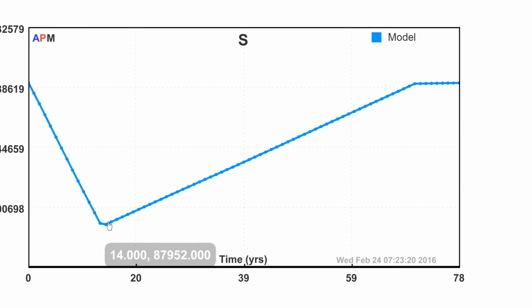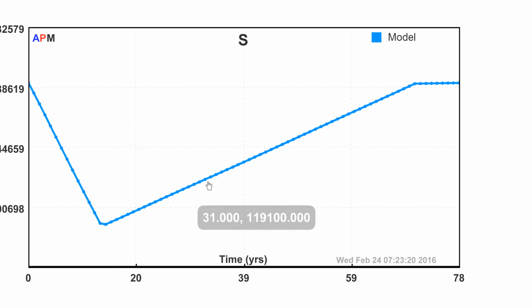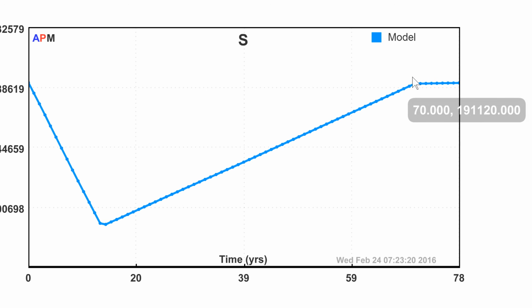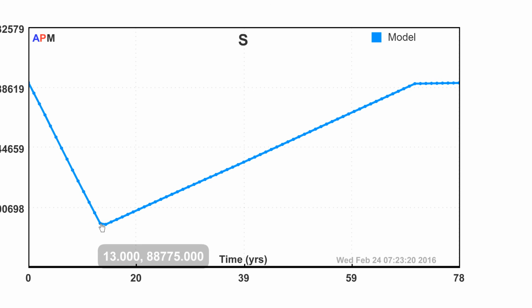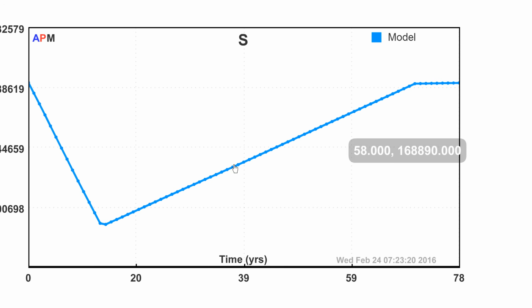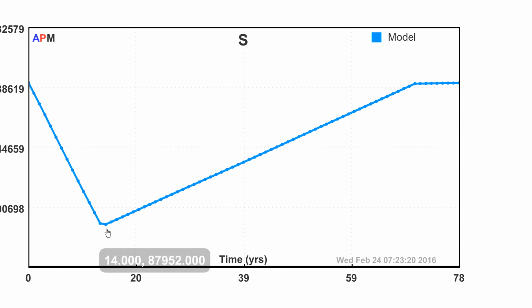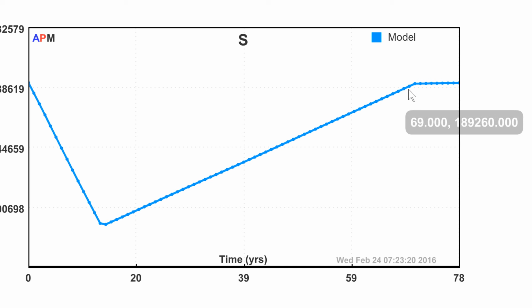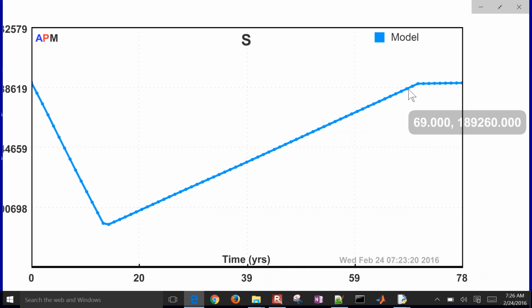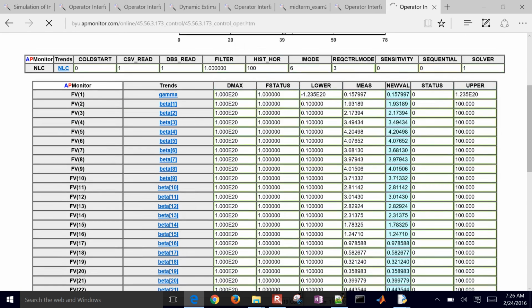So once we reduce our vaccination rate, our susceptible population goes back up, and then it levels out. This is the best profile to follow to keep outbreaks from occurring. Essentially you've reduced dramatically the number of susceptibles, you let it climb a little bit, and then let it level out again. This is the way the optimizer says to control the outbreaks.